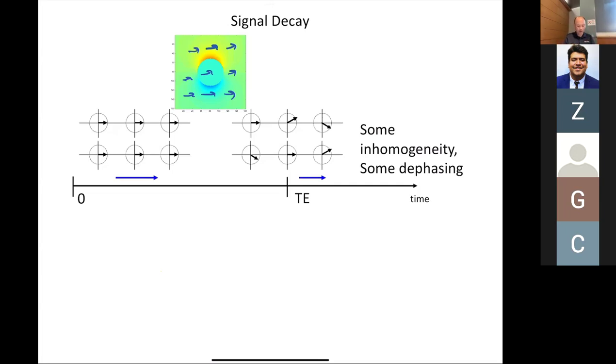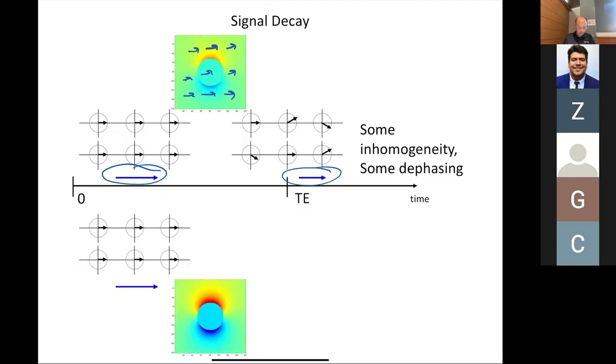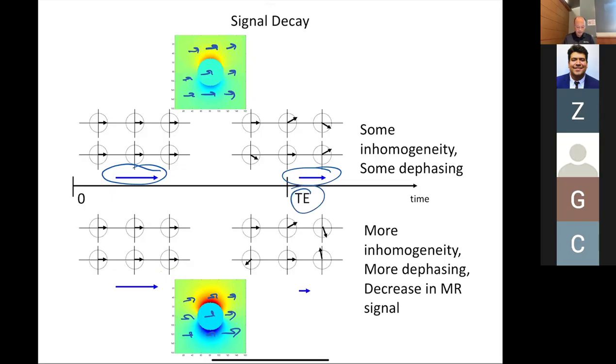So the overall vector sum goes from here to here. So there's a decrease in the signal due to dephasing. Now, if I make the field even more inhomogeneous, the spins experience much different fields, so over the same amount of time, at some echo time, they're going to dephase even more. So the more inhomogeneity there is, the more dephasing, and the more the MR signal is going to go down.